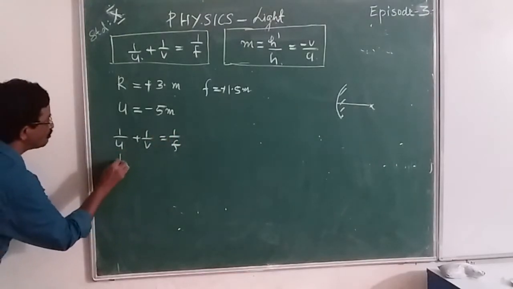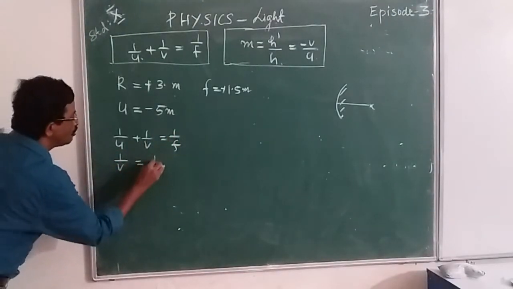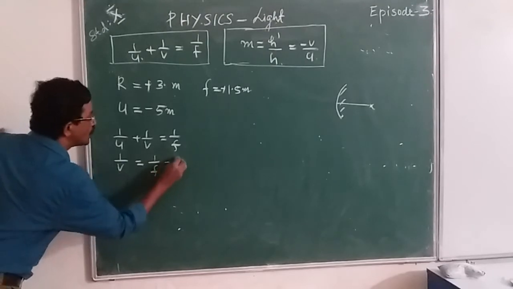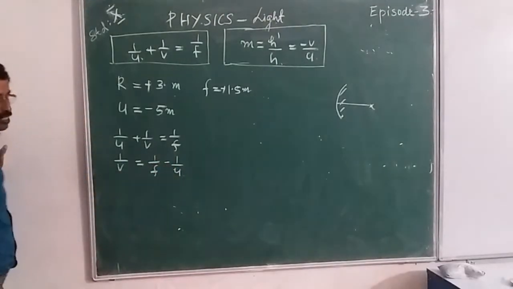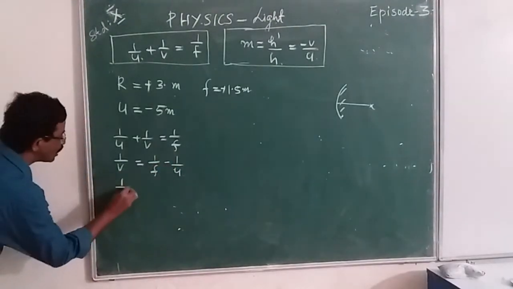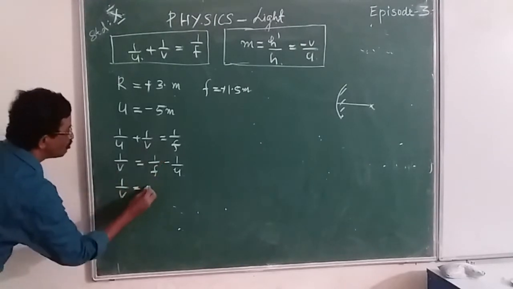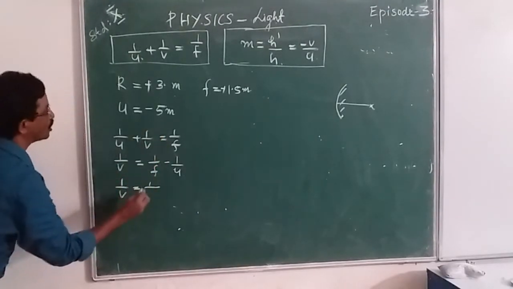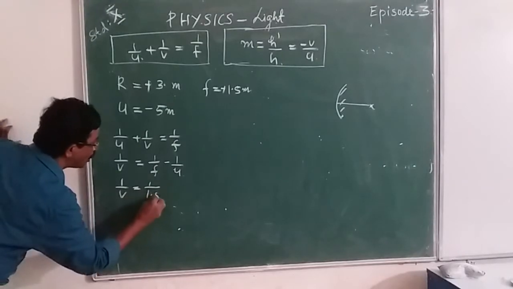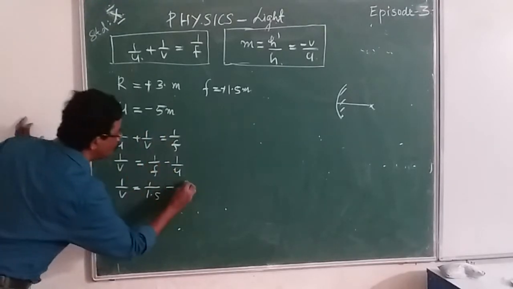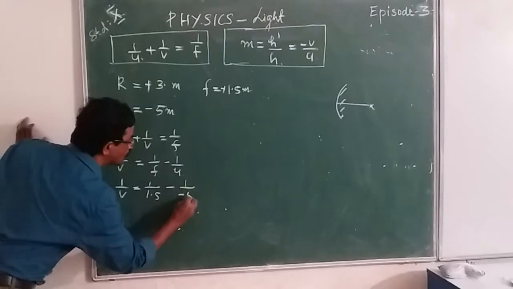From this, 1 by v is equal to 1 by f minus 1 by u. F is 1.5, and u is minus 5.